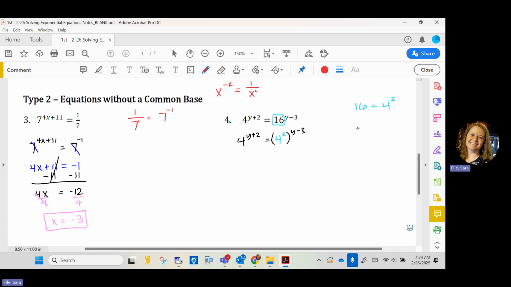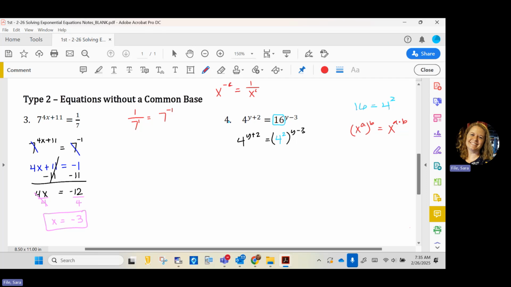Okay, when you have a power to a power, let's say we have x to the a to the b, what do you do with that a and b? You multiply them. So we are going to multiply the 2 times the y minus 3.